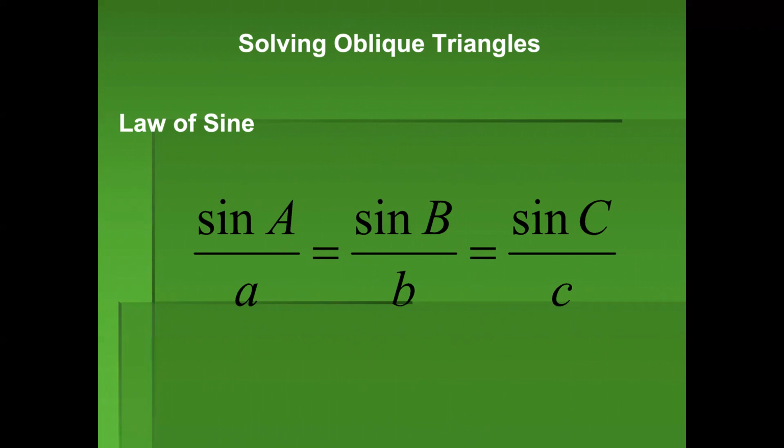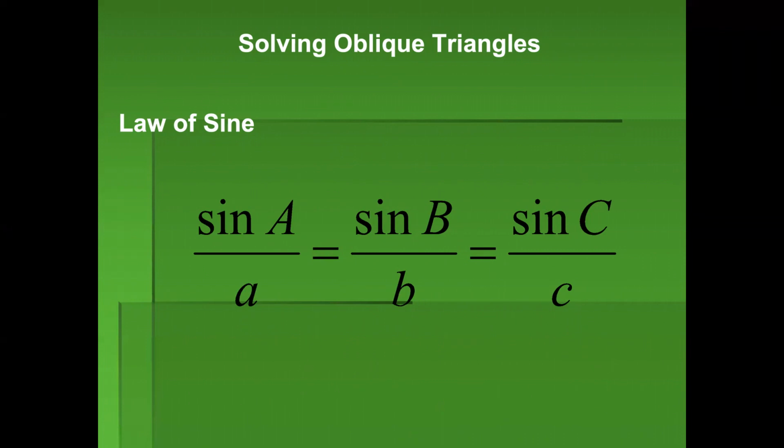It depends on the given side and the unknown side, or it depends on the given angle and the unknown angle. In other references or other books, the representation of the formula may be the reciprocal of the given formula here.